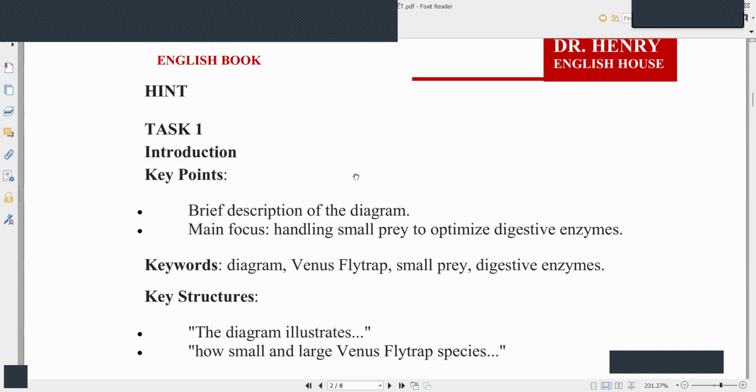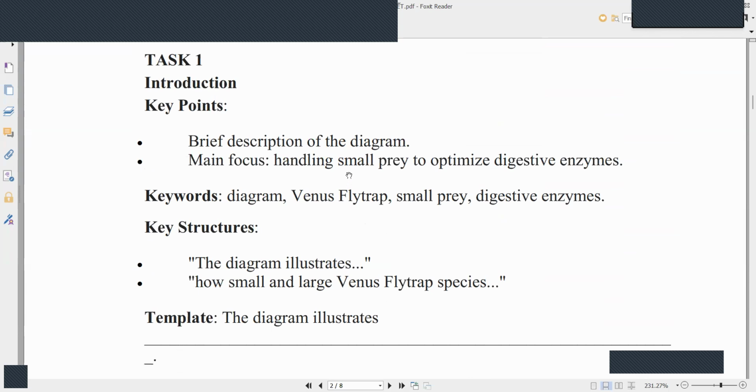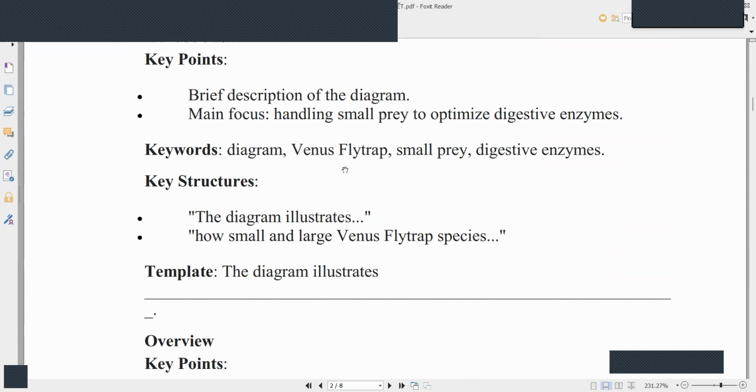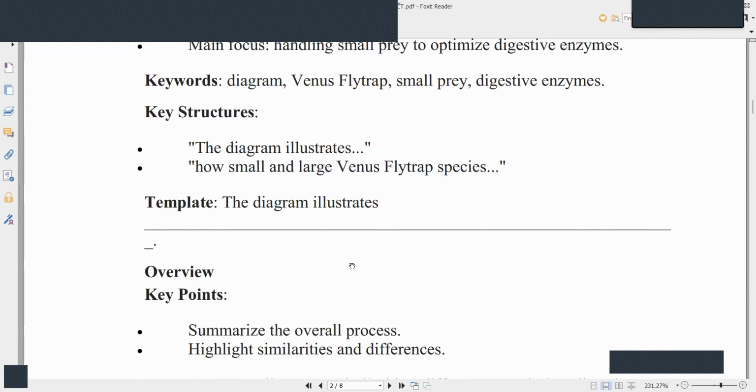Chúng ta sẽ là brief description of the diagram. Main focus: handling small prey to optimize digestive enzymes. Diagram, Venus flytrap, small prey, digestive enzymes. Key structure: the diagram illustrates how small and large Venus flytrap species.